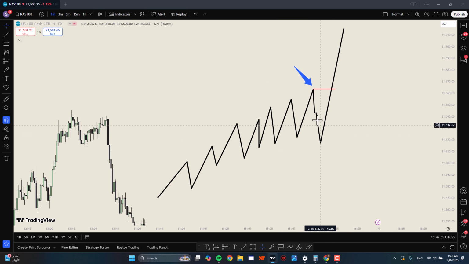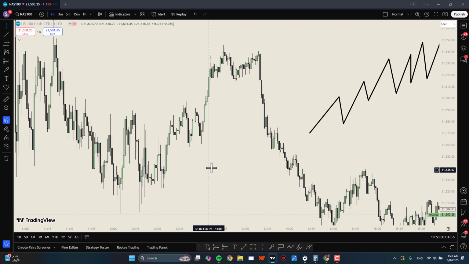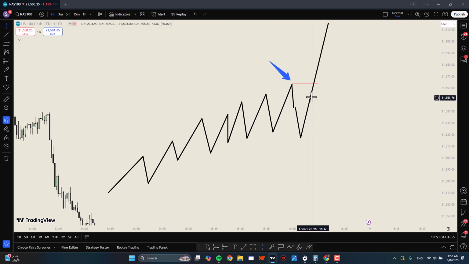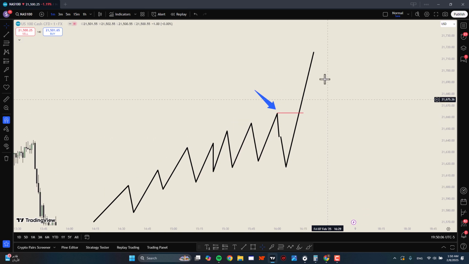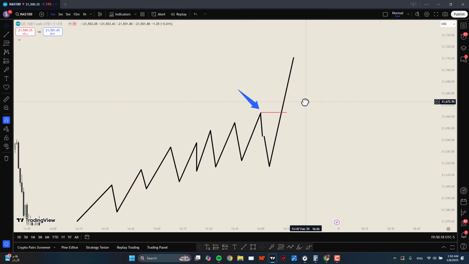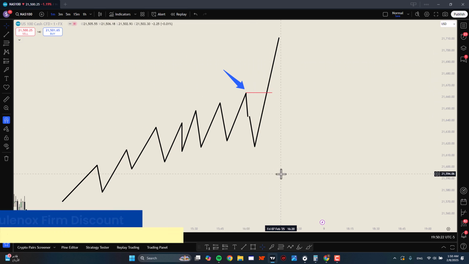So that's the strategy. Before we go into the trade of today's setup, let me talk about a few things. The strategy itself has a good win rate, and the reason for that is that a lot of times the 9:30 move is a directional move, meaning it is either a strong move to the upside or a strong move to the downside.